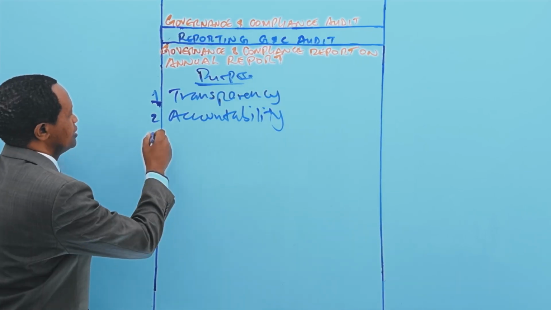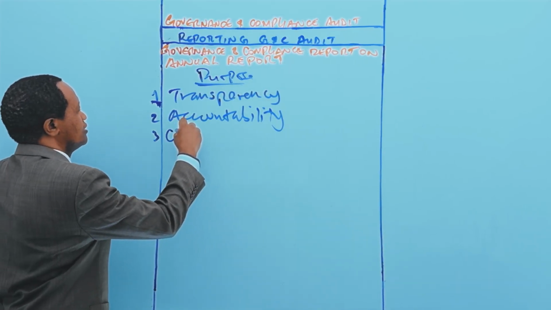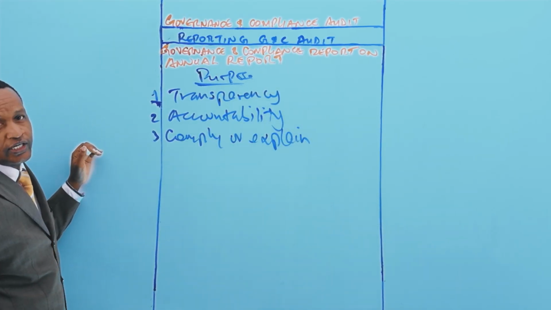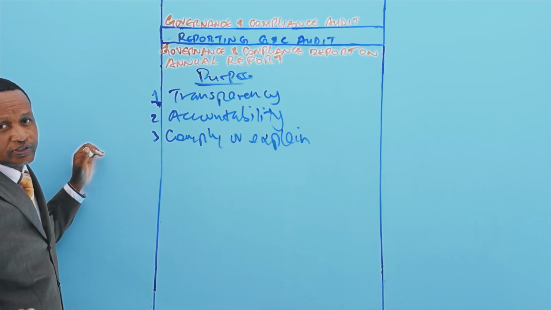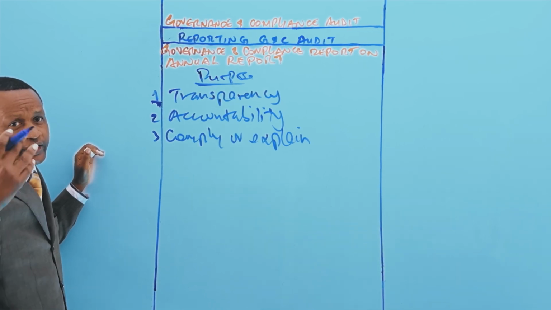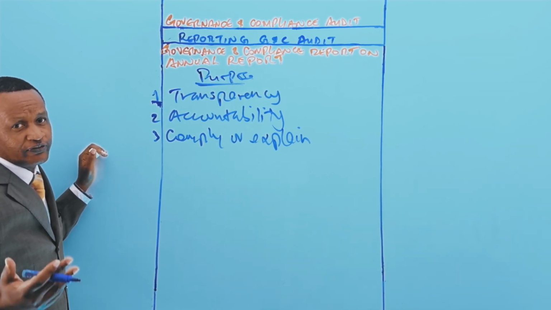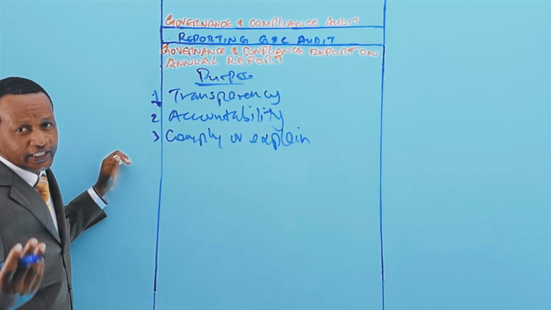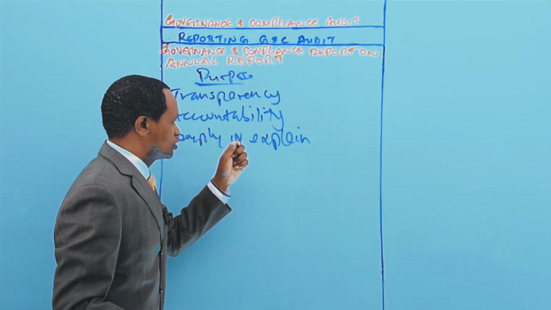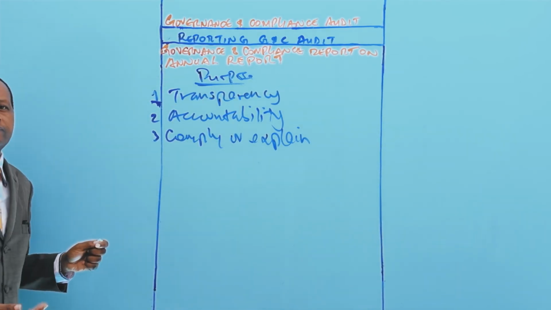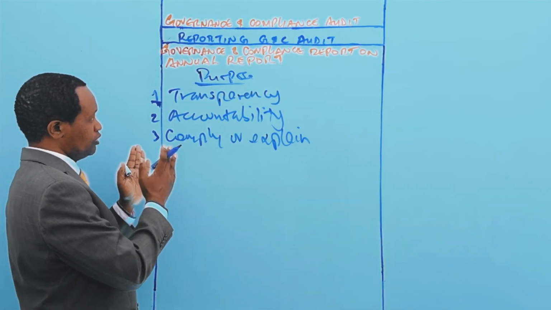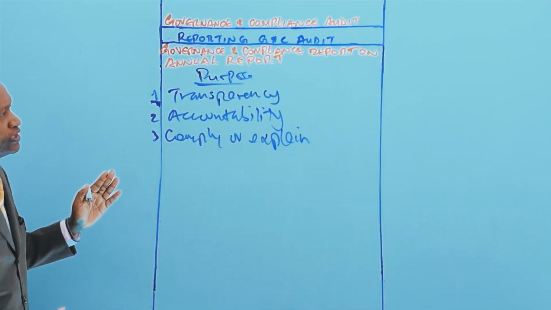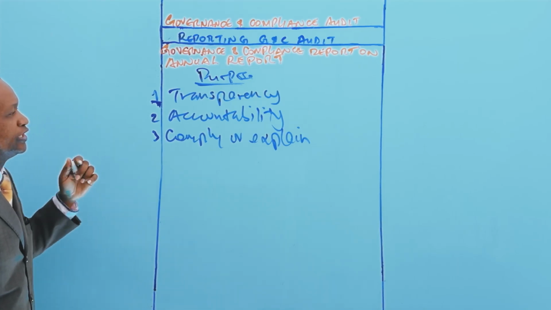Number 3 is comply or explain. This report allows the organization to disclose areas where they did not meet the specific standards, and then they ought to provide an explanation as to why they did not comply. So these 3 points explain the reasons why we have a governance and compliance report in the annual report.